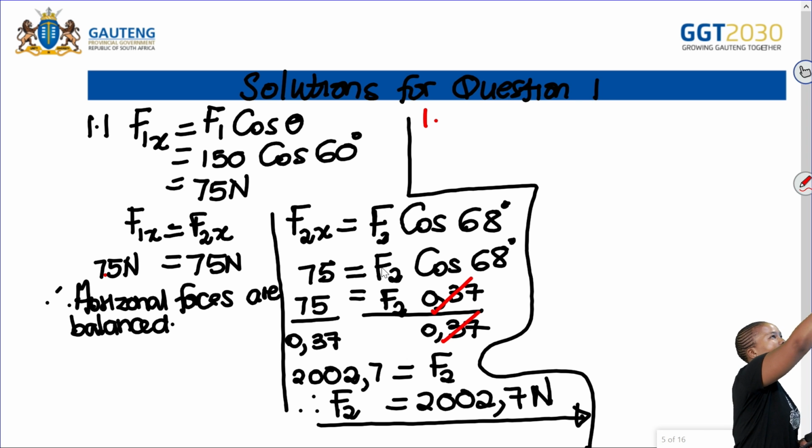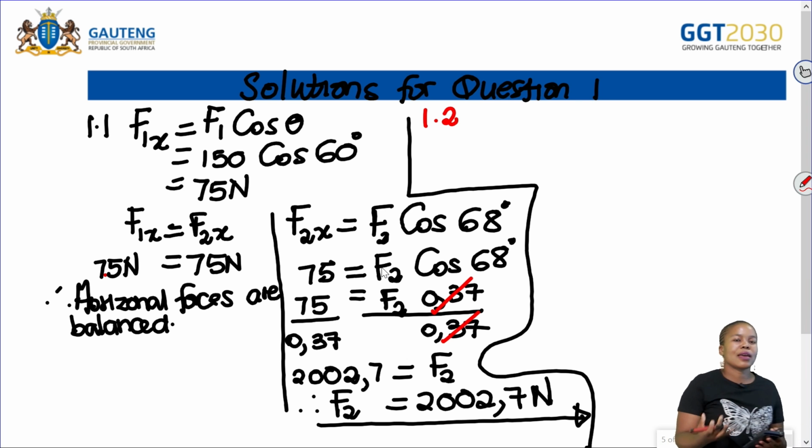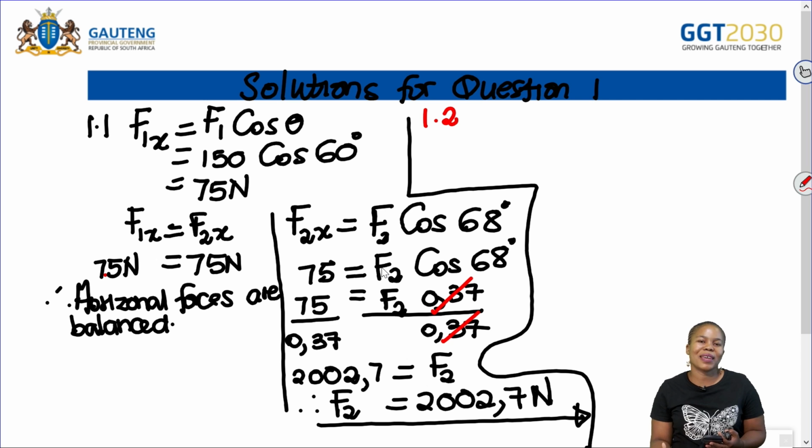With your 1.2, because it is hanging, the forces that are keeping it hanging are the vertical components, alongside gravity that is trying to pull it down. So these two are acting against each other. What we first need to do is find the F net for the vertical components and then equate it to the gravitational force, because it's neither falling down nor going up.